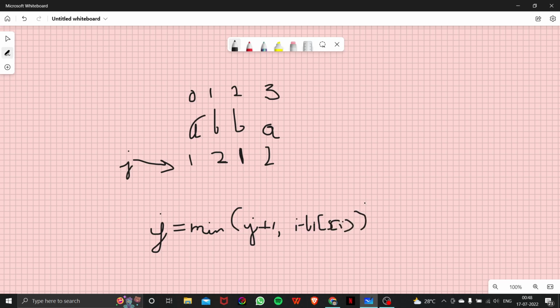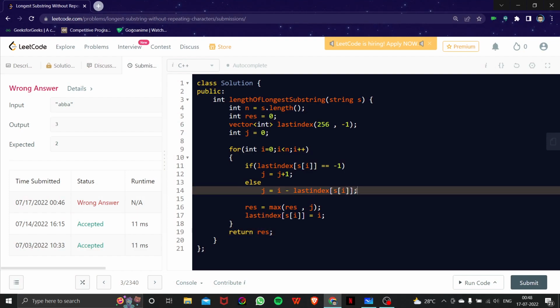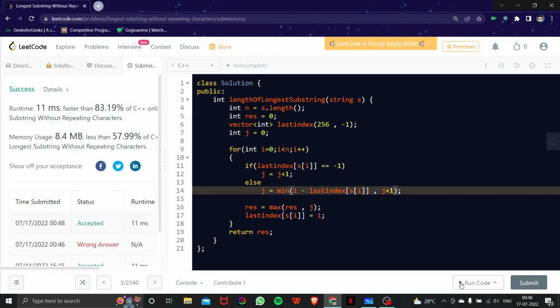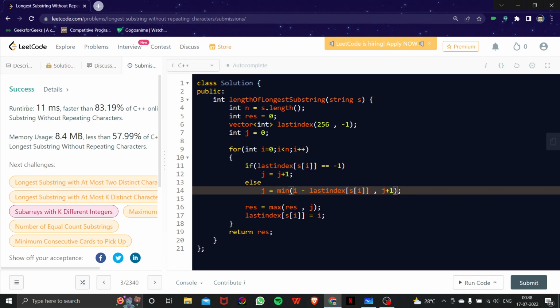Alright, and this would satisfy all my conditions. So let's try and write this thing. Minimum of i minus last index of s[i], or j plus 1. Now let's try and submit this code. And we got a correct output.